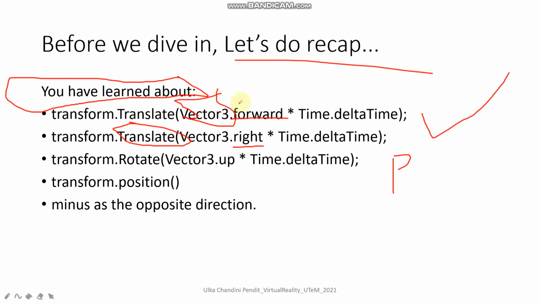Vector3 comes from the xyz position. That's why it's mentioned this is forward, because in this case I want to move the object forward, and always times Time.deltaTime, which is the time the object should move.